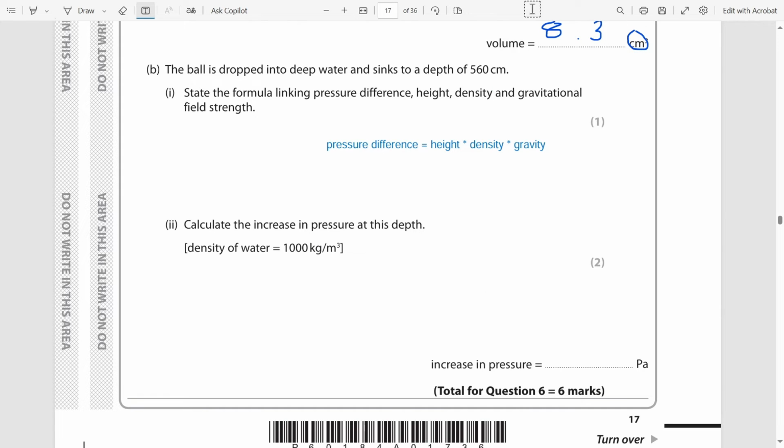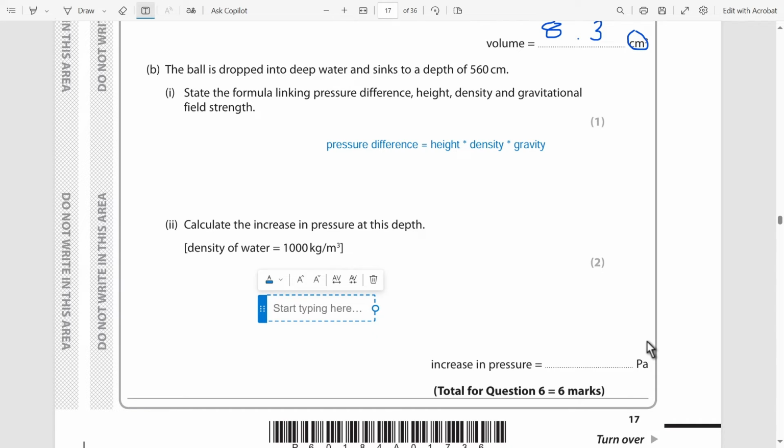Calculate the increase in pressure of this step. So guys, now we're using kilograms per meter cubed, and we're also going to be combining centimeters, and that's not good. We shouldn't be combining centimeters. So we're going to convert our centimeters into meters.